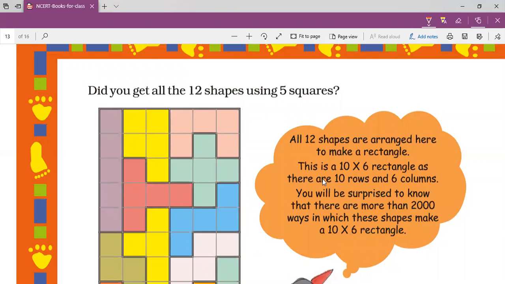This is a 10 into 6 rectangle, as there are 10 rows and 6 columns.